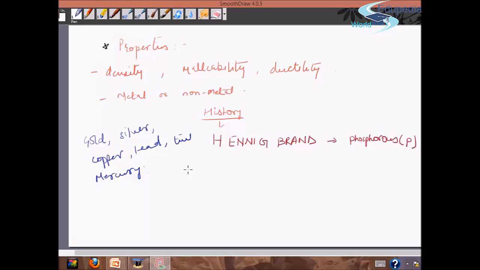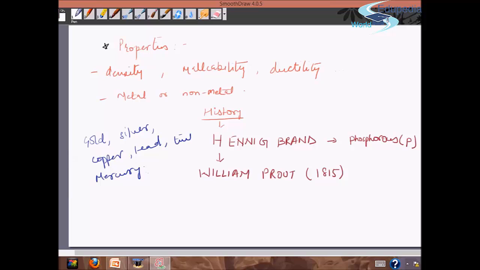This is a part of discovery, but if I talk about classification, it was William Prout. Let's write down William Prout in 1815, who discovered that the atomic mass of a particular element does not vary.